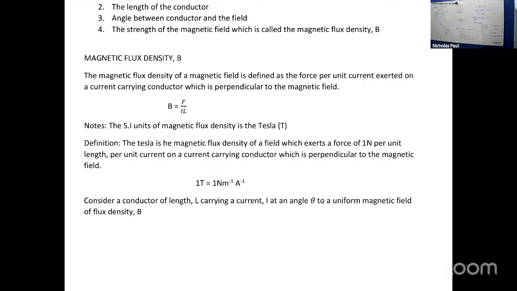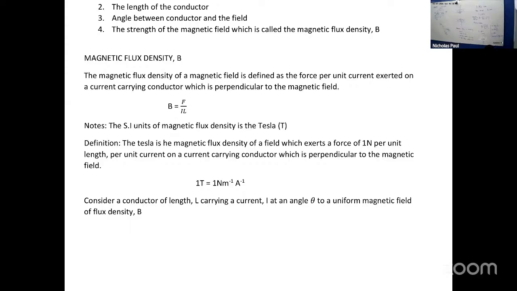Remember how to make it simple: force acting per unit current per unit length. You don't necessarily have to remember the exact words I give you. Once you write the formula, put it in words. Per unit means divided.